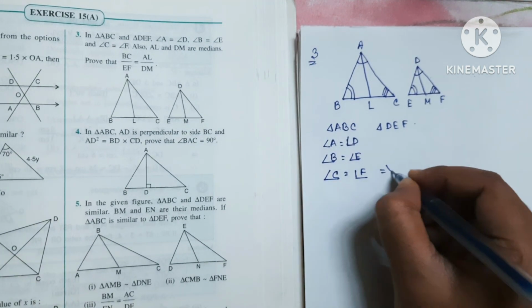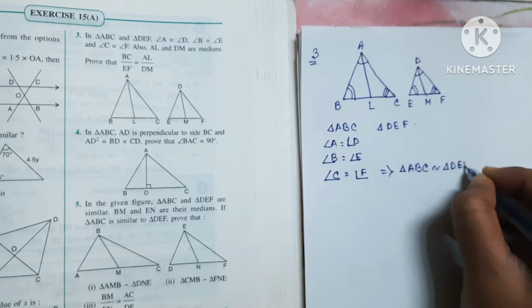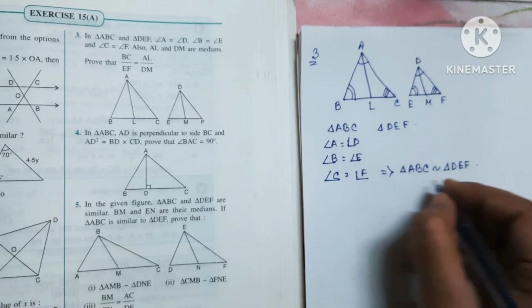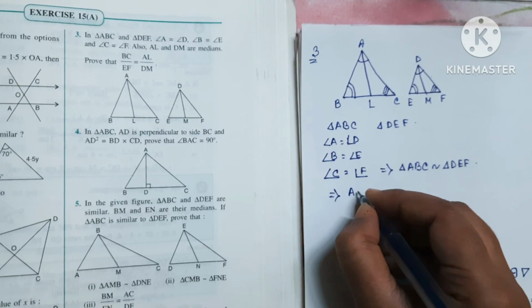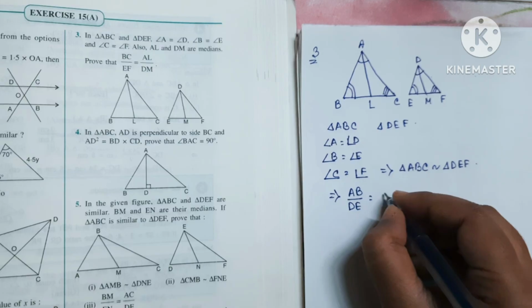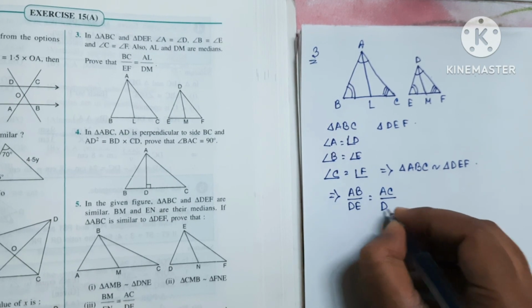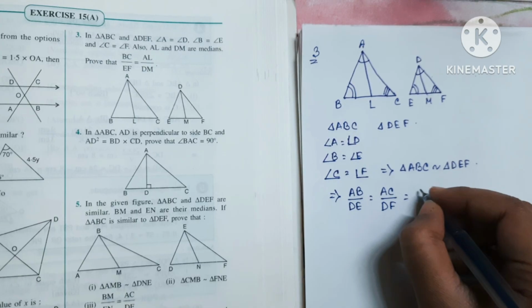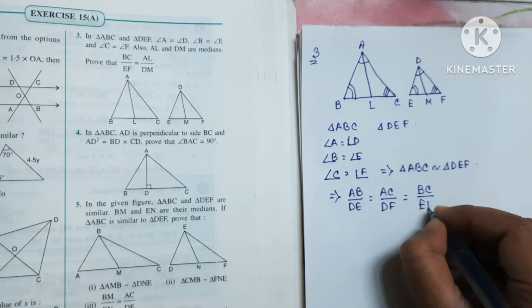Okay, that means now from here you can say corresponding sides are proportional. That means AB by DE is equal to AC by DF is equal to BC by EF.